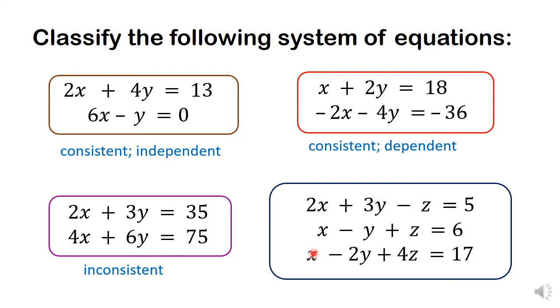Though these coefficients are similar, sa y tsaka sa z naman, different, walang pattern at all, no? As well as for the constant. So that's why this is solvable and there's only one set of x, y, and z satisfying this system. That's why this is what? Consistent and independent system.